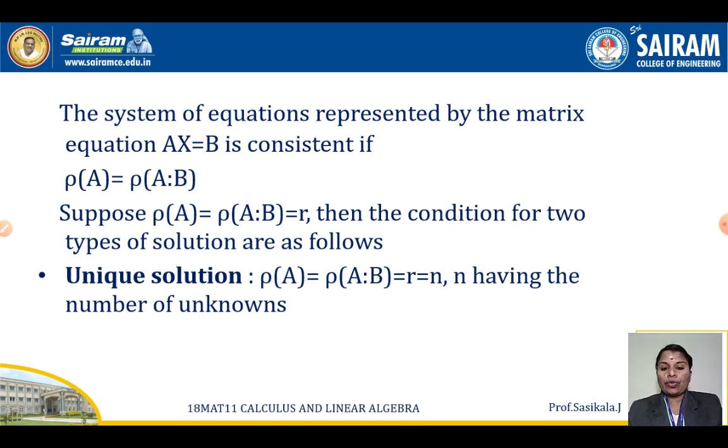One is a unique solution. If rank of A equals rank of [A B], which is equal to r, which is equal to n, where n is the number of unknowns.